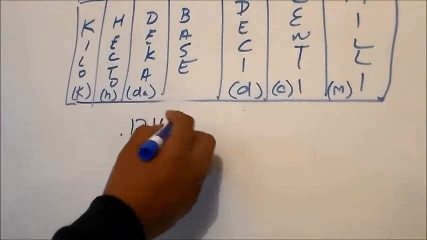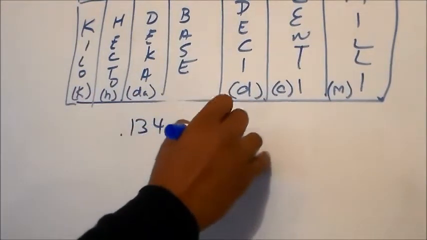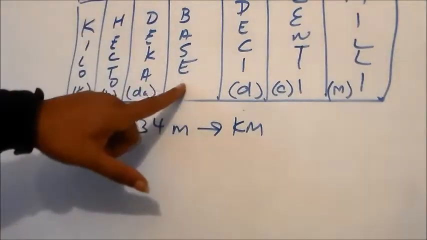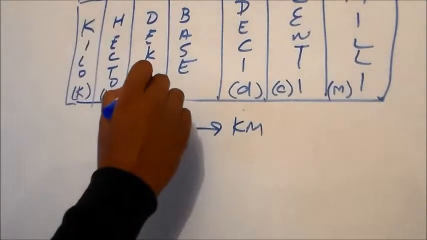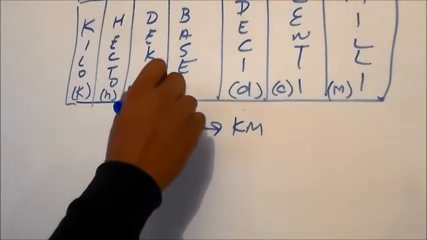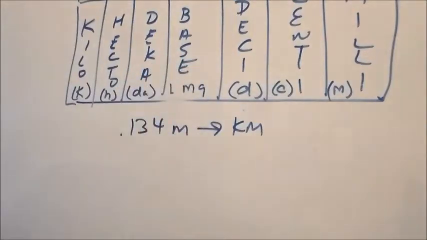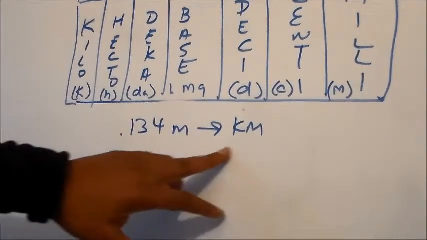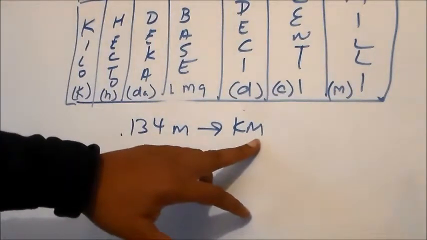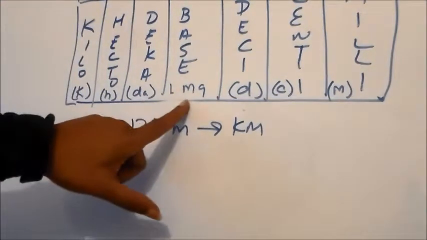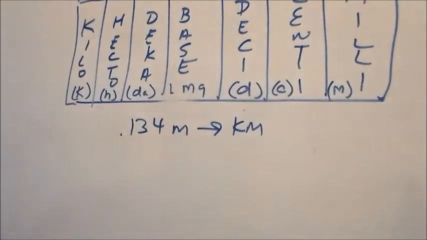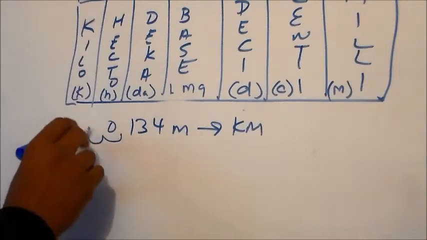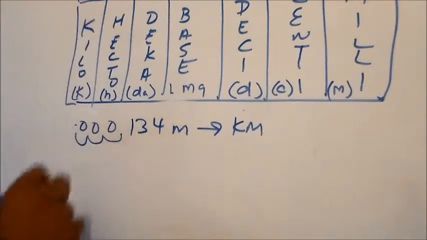0.134 meters going to kilometers. So meters is the base unit, and what I'll do is I'll put L, M, and G. So 0.134 meters to kilometers. Okay, the decimal has to move 1, 2, 3 places. 1, 2, 3 places.